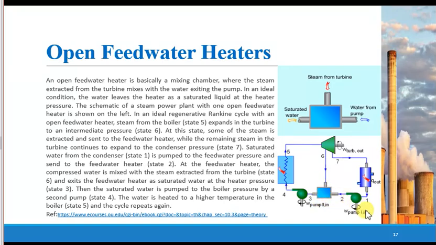In the meantime, you can see that water enters from point 2, and this steam and the water mix up, and the resultant is heated water. And when heated water enters the boiler, it increases the efficiency of the power plant tremendously.